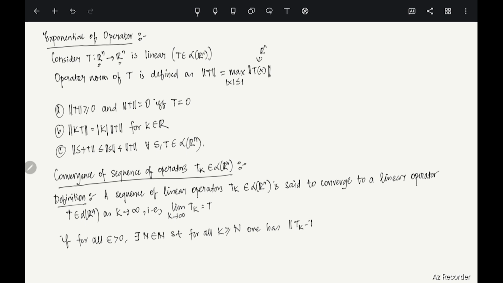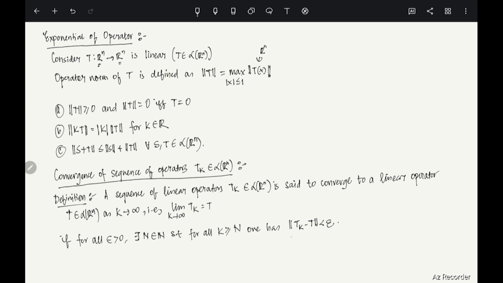In terms of the norm, the norm of Tk minus T should be less than epsilon. Clear? So this is what convergence means. Please remember this: whenever we say a sequence of linear operators converges to another linear operator, this is what it means.